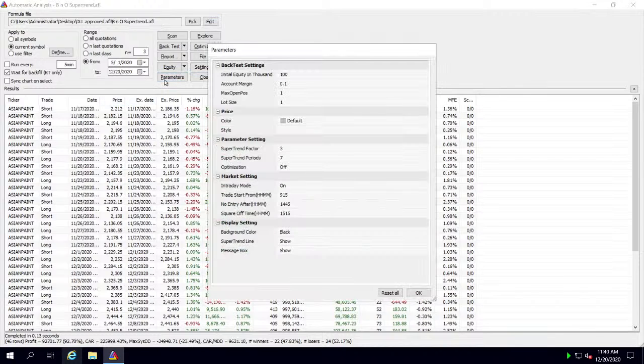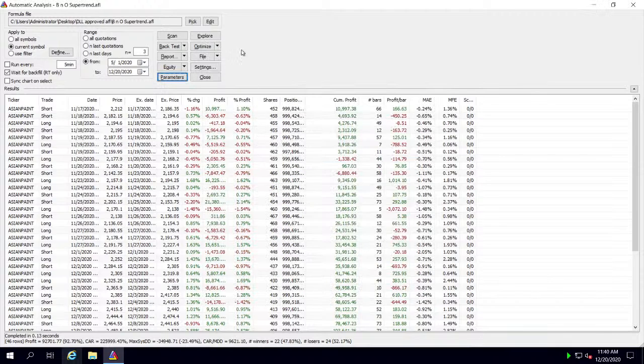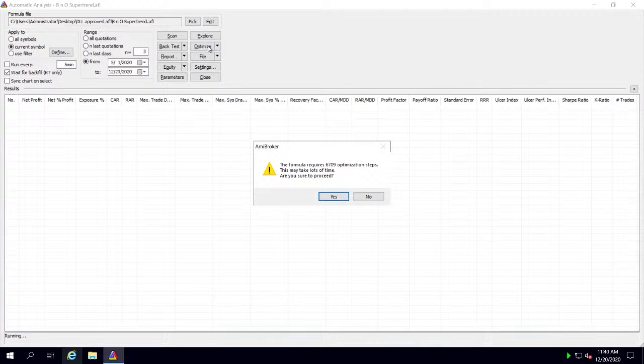So now in the parameter section, optimization, I'll turn it on and click on optimize. AmiBroker will tell me that there are only two parameters in SuperTrend. One is period, the other is factor, but there are 6,709 permutations and combinations to check which is the best SuperTrend setup for you.